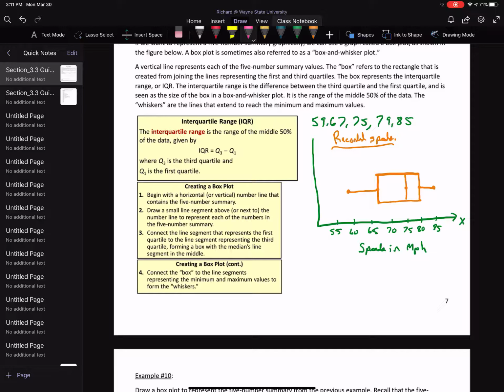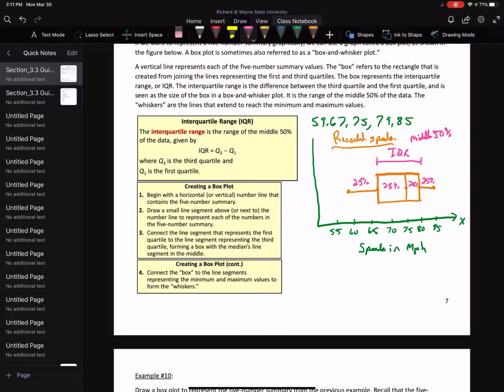In some cases, we do ask you to do some interpretation. 25% of the data is here, 25% is here, 25% is here, and 25% is here. This piece here is known as the interquartile range. Sometimes we call that the middle 50%.